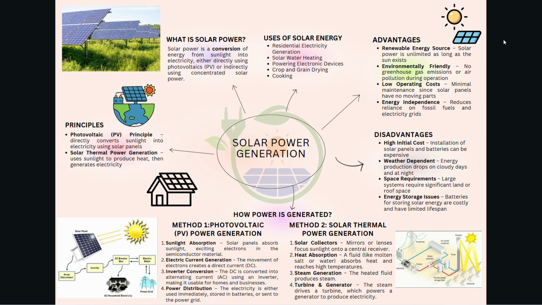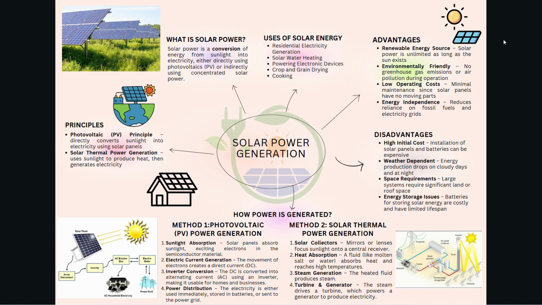It means that we can use solar energy to dry crops and grains, preserving the food and reducing food spoilage. And the last one is cooking. We can use the sun's energy to cook food, reducing reliance on traditional cooking methods.